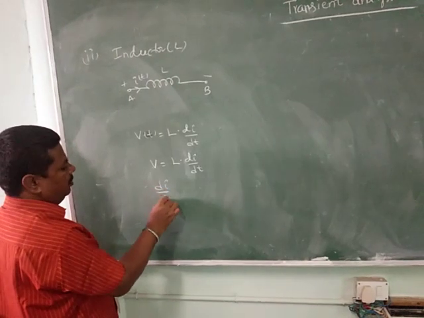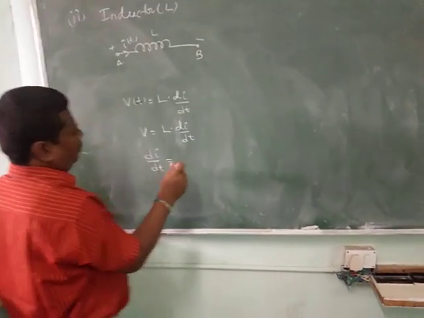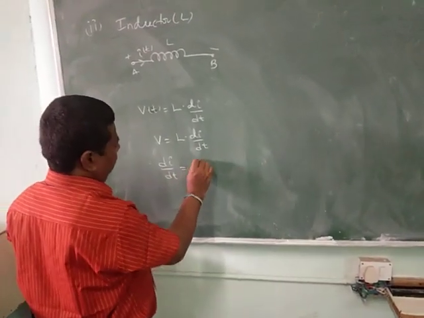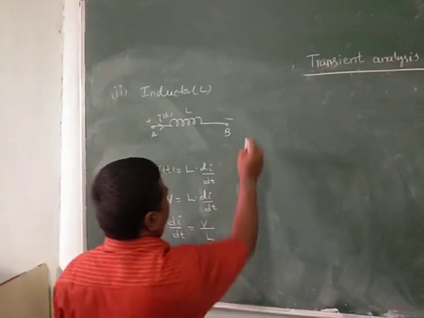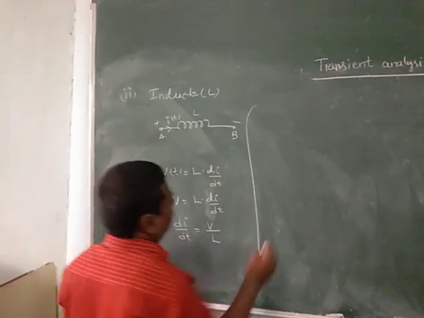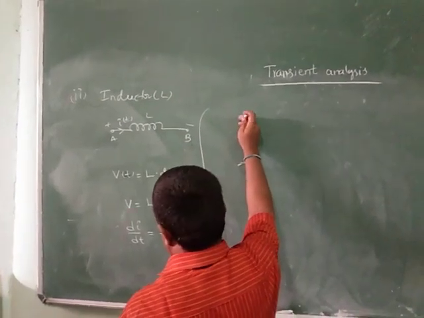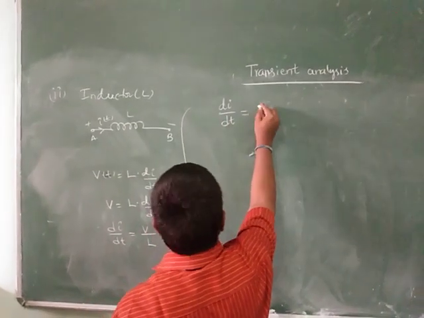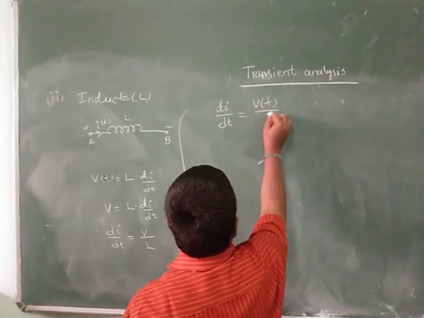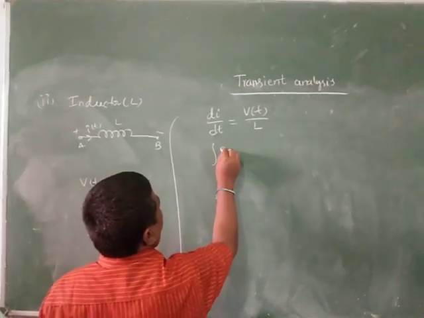From that, di by dt is equal to V of t by L. Then integrate both sides.